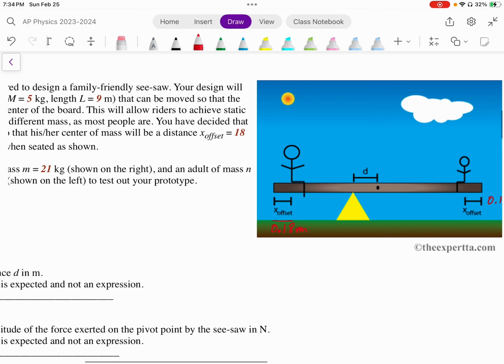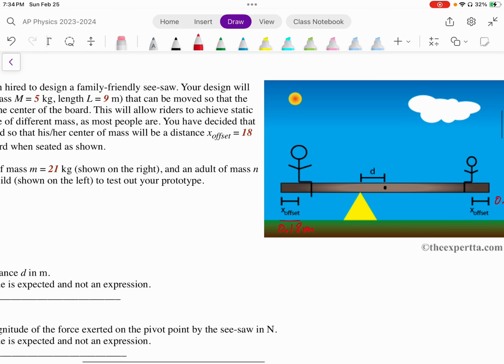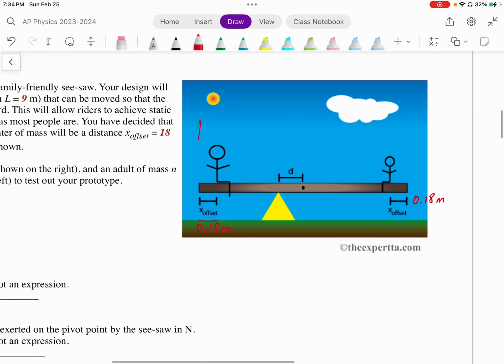Again, what was the total length of this board? It was 9 meters. So I'm going to go up here and draw that. This right here for me is 9 meters. I know that from here, which is the center, over is 4.5 meters. But where is the center of mass of this person?